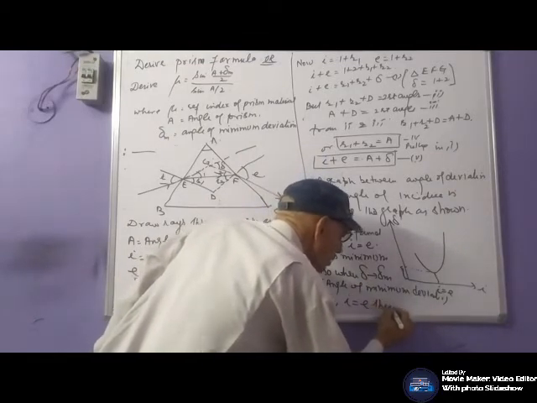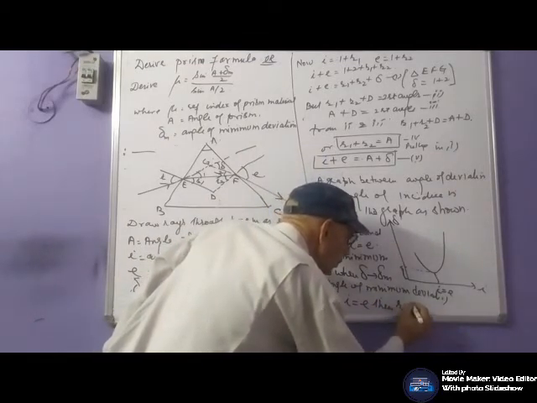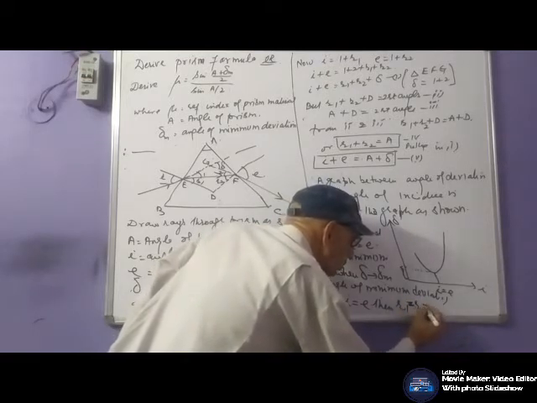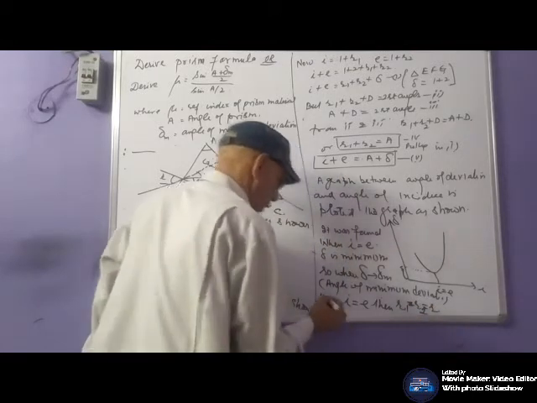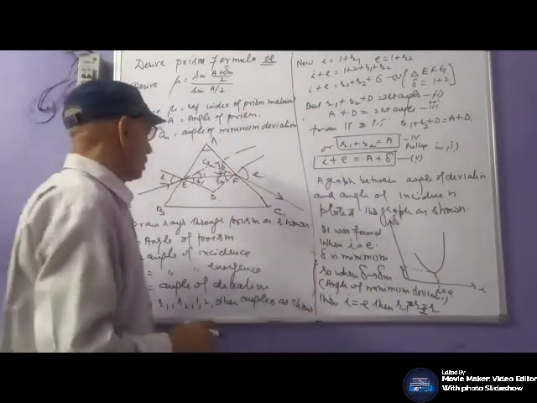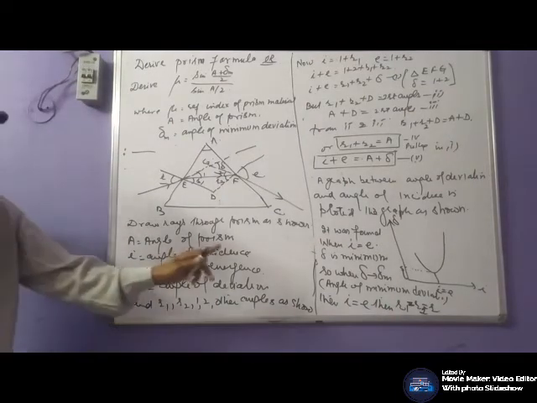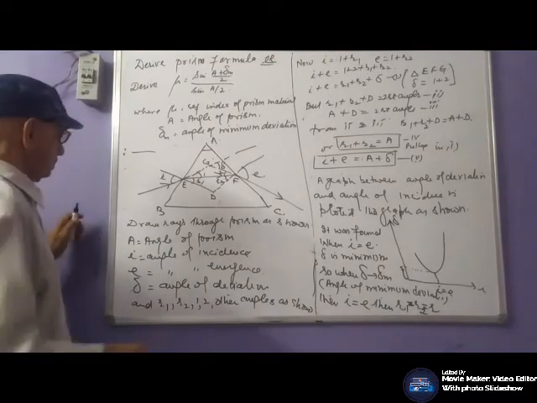Then R1 is equal to R2 is equal to R. So this is the condition for minimum deviation.